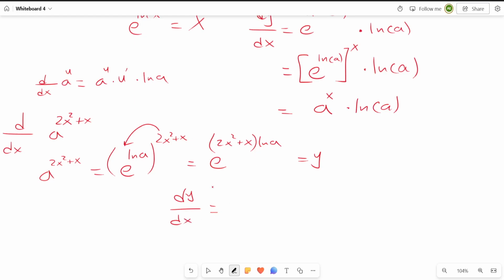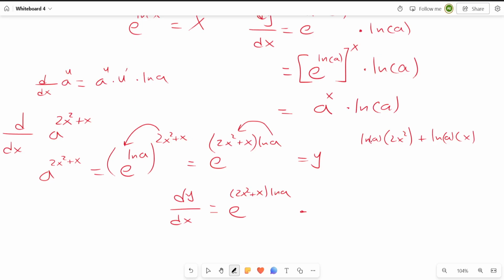So again, the differentiation of e to the power of anything is basically e to the power of the same thing, 2x squared plus x ln a, and then I multiply by the derivative of this small function. If I distribute this ln a, it is going to be ln a multiplied by 2x squared plus ln a multiplied by x.